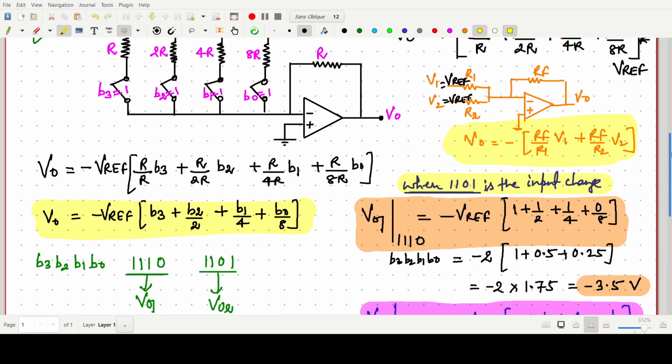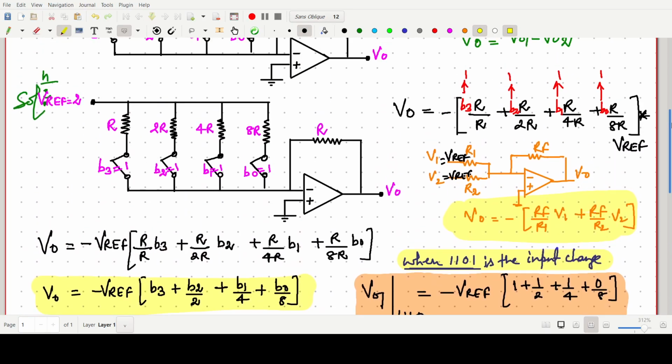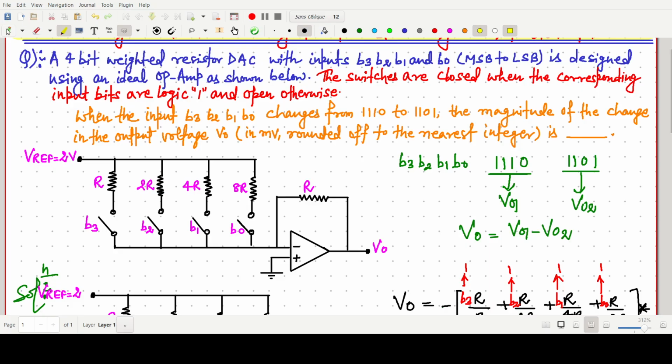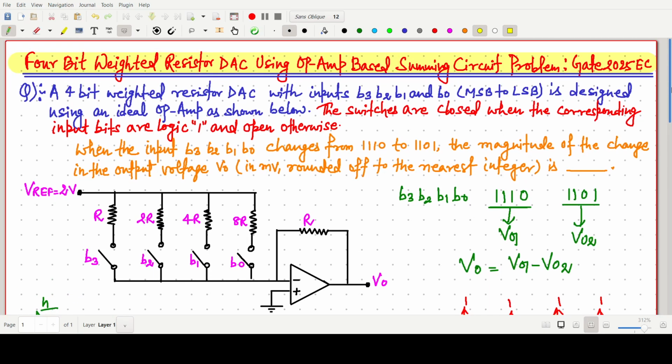So this is our 250 millivolt. In the fill in the blanks, we have to write the value of change, that is only 250, because they are asking in millivolt. Clear? So directly we can write it should be 250.